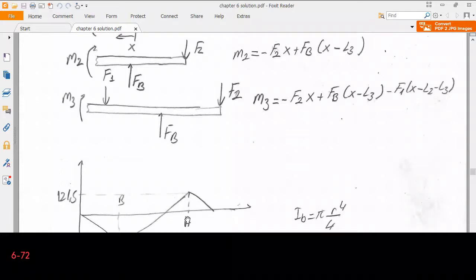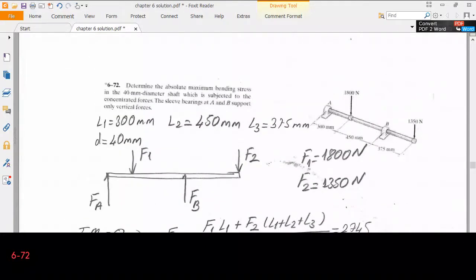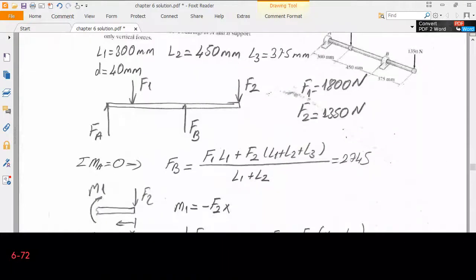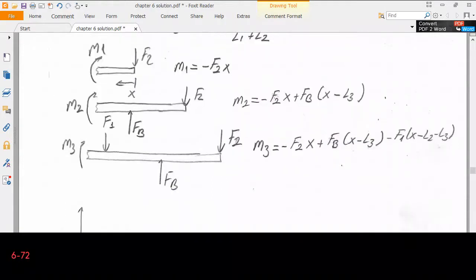Then it will go to 0 at, sorry, this is where the point, just a moment. So this is the 1 and here it is A. Okay, so this is the moment distribution, and we are asked for the maximum bending stress, the absolute value of the maximum bending stress.